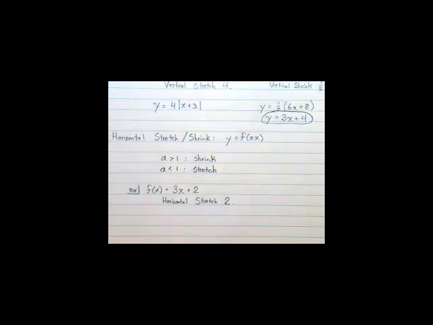Okay, so if I want it to stretch, a needs to be less than 1. But what's my a? 2. All right, I want a horizontal stretch of 2.